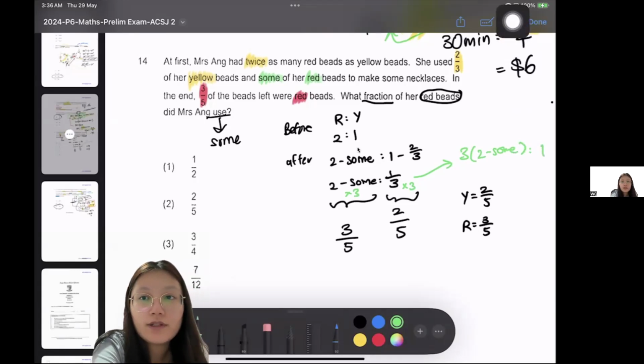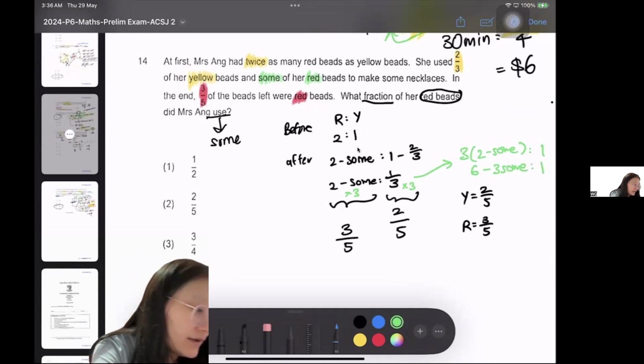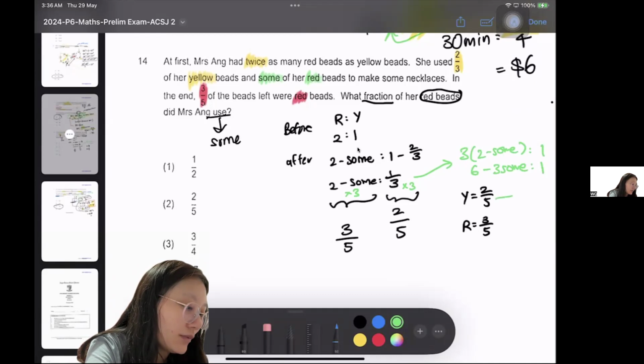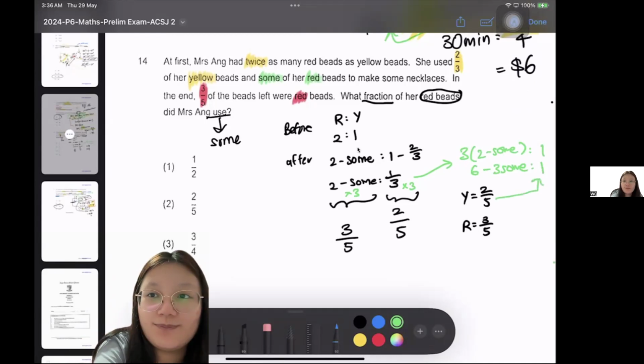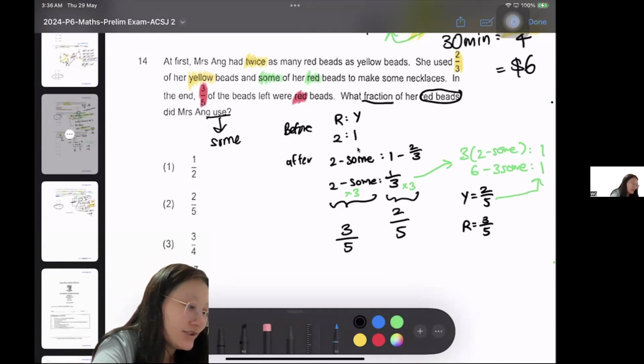Okay, so we times 3 on both sides, then you must open the bracket. 6 minus 3 sums equals 1. So now if your 2/5 equals your 1, what is 6? So basically what do we do here?